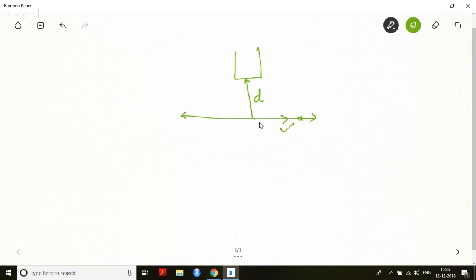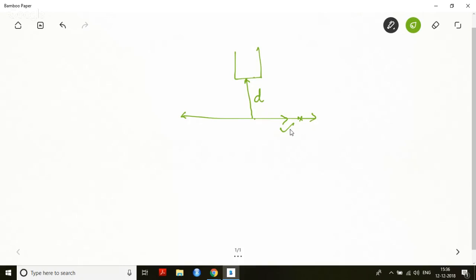So the presence of a changing magnetic field in the vicinity of this wire leads to flow of a current in this wire. Due to change in either the magnitude or the direction of the magnetic field, if a conductor is kept near it, you will observe a current in that conductor.